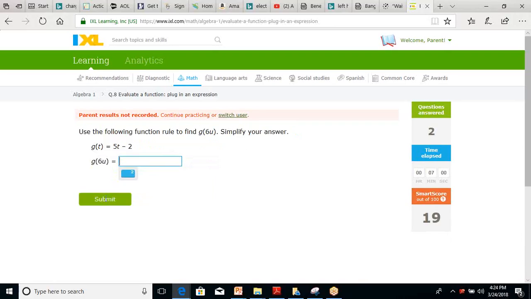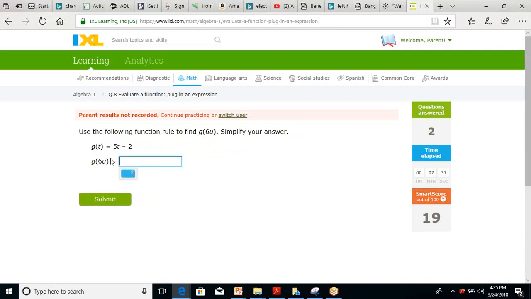Let's look at the other one. G function T is equal to 5 minus T. But your T is 6U. So when you substitute 6U for T here, you're going to get 5 times 6, which is 30.